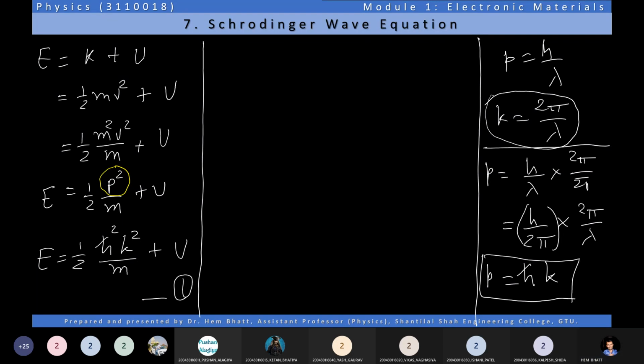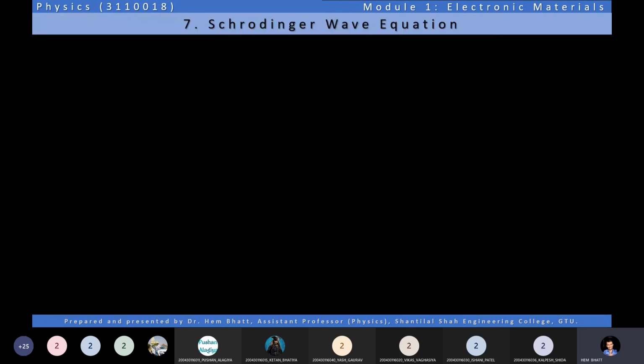Now we'll go to the wave equation. See, any wave equation can be represented in terms of sine or cos. You must be knowing that e raised to i theta is cos theta plus i sin theta. So this is a periodic function, and this one is also a periodic function.